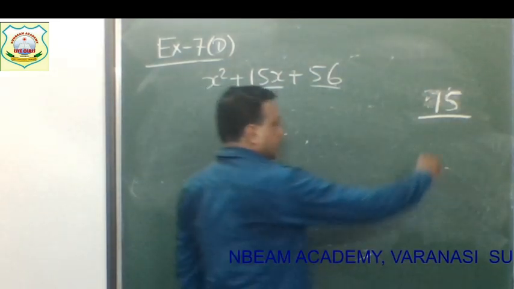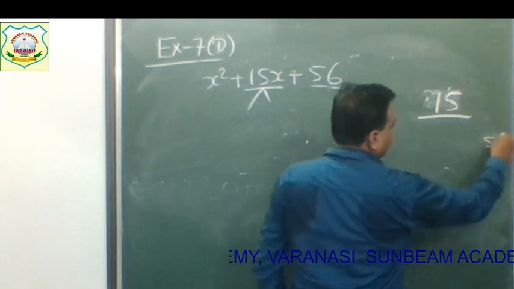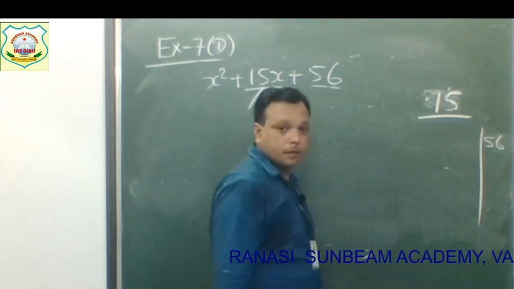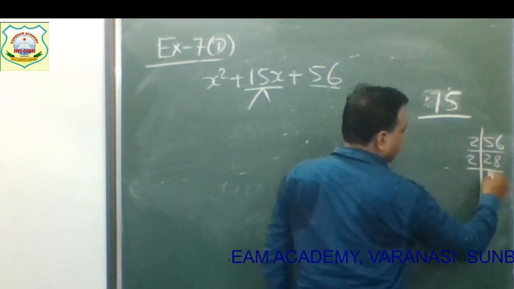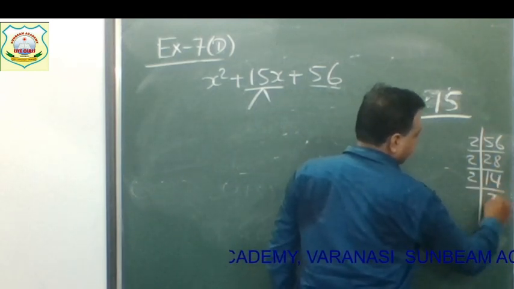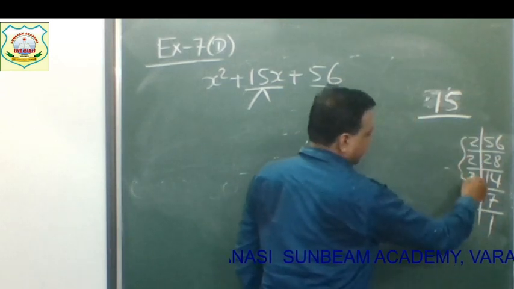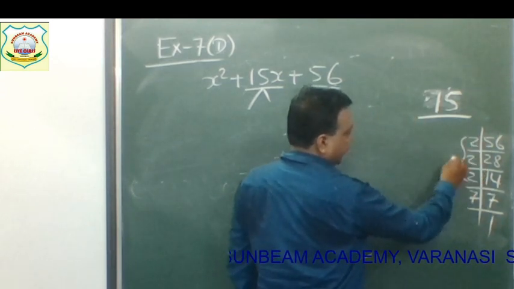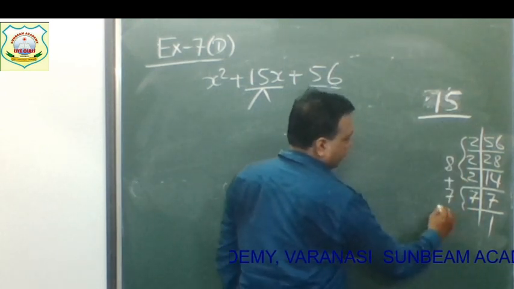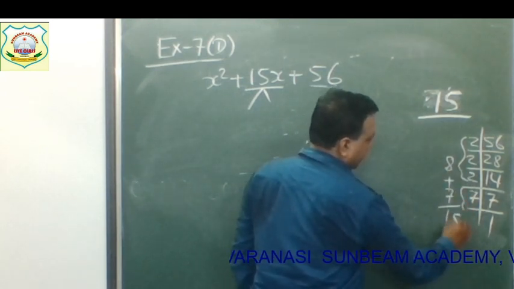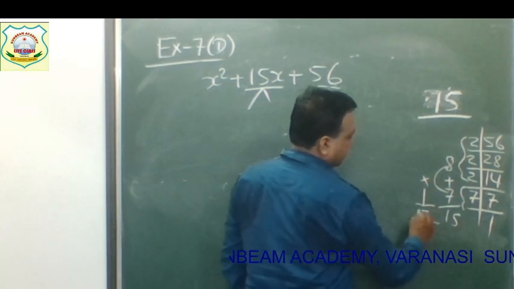Also you can find the factorization of 56, this is also a method. See here, 2 ones are 2, 2 fours are 8, and this one is 7. 8 plus 7, then what will come? 15, and when we multiply, then what will come? 56.